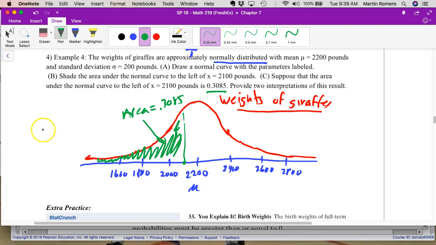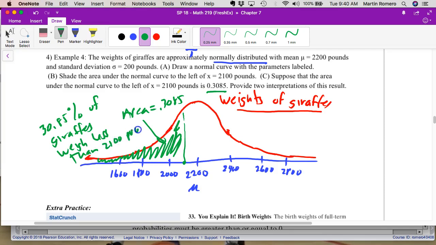What this means is that 30.85% of giraffes weigh less than 2,100 pounds.